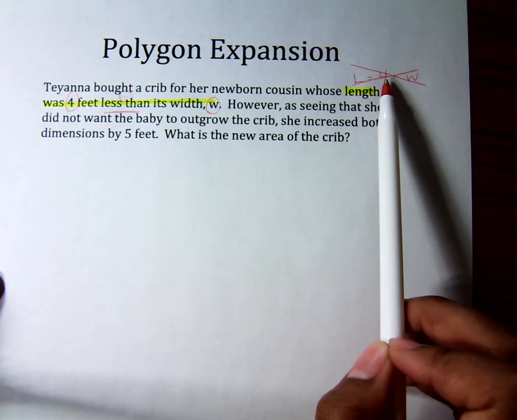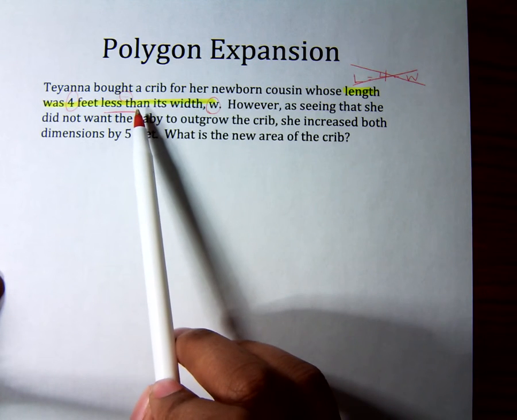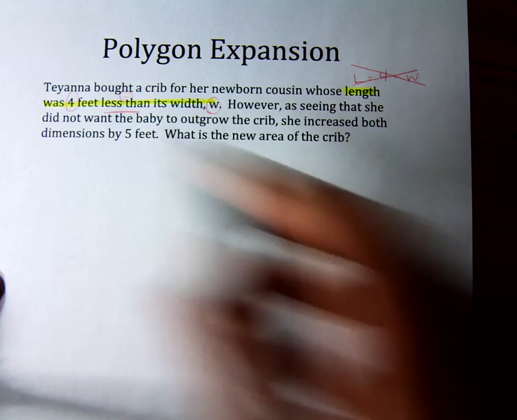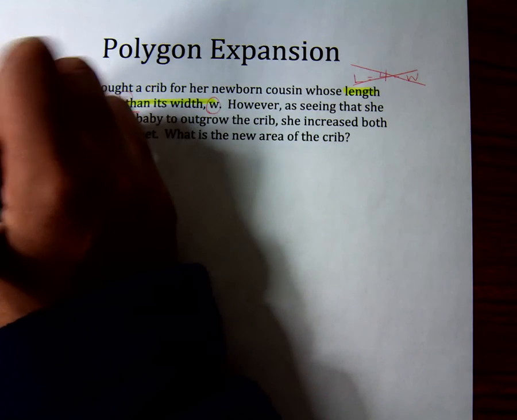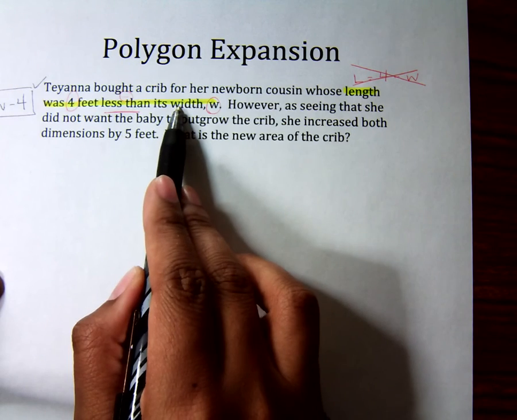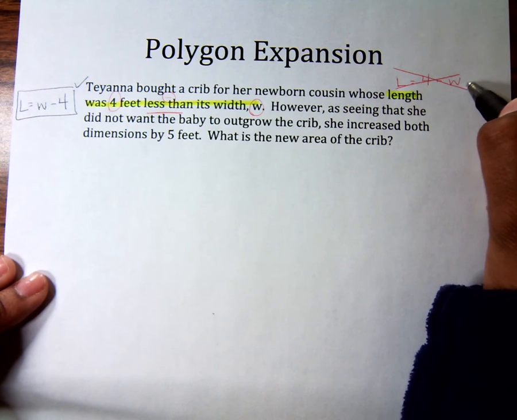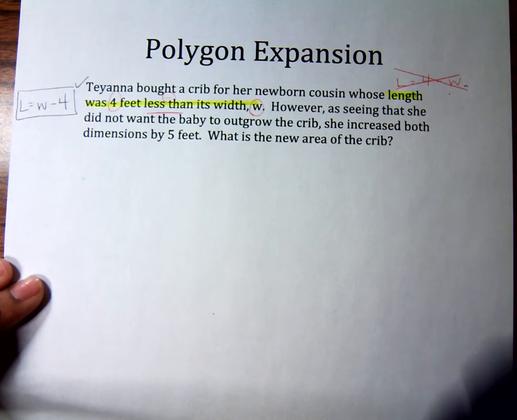So as you would see it, the 4 came before the W. Less than needs to actually take the 4 away from the W. So instead, we should write it as L equals W minus 4. This is the correct way to express this algebraic expression. Whereas this one right here would be the most common mistake that a lot of people would make on the EOC. Try your best to avoid making this mistake.